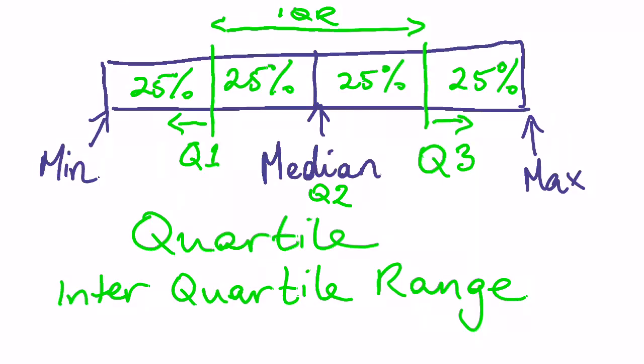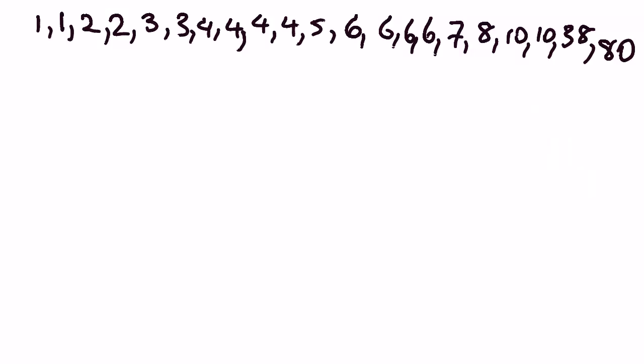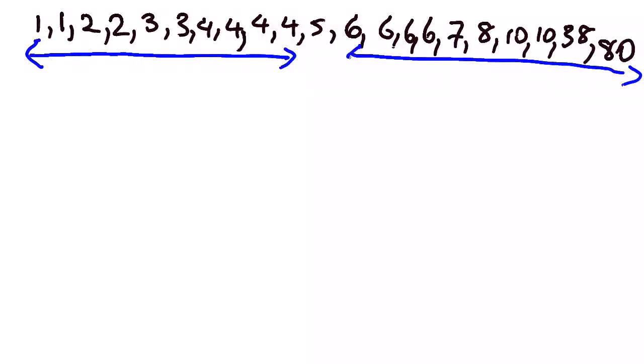So what I've got here, I've got those numbers again. If you remember, we have 21 numbers. Here are 10 numbers, and here are 10 numbers, and then here is the middle number. That is our median, if you recall.